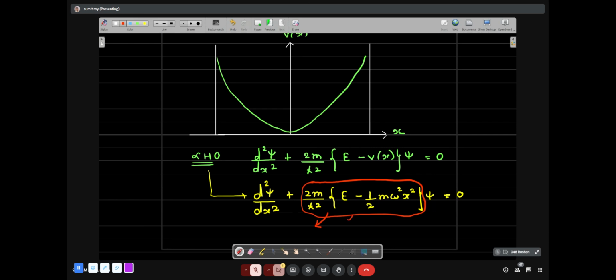So here lies the difference between solving the Schrodinger equation for a harmonic oscillator and the Schrodinger equations that we solved for a potential step or potential barrier. I hope this part is clear.